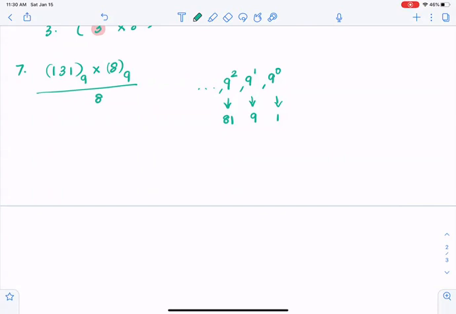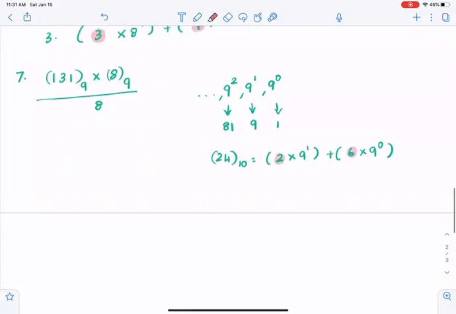So 24 in base 10, I can write it as 2 times 9, 18, plus 6 times 1, 6. 18 plus 6 is 24. So we will have 2 and 6. So 24 in base 10 would be 26 in base 9, going forward by 2.